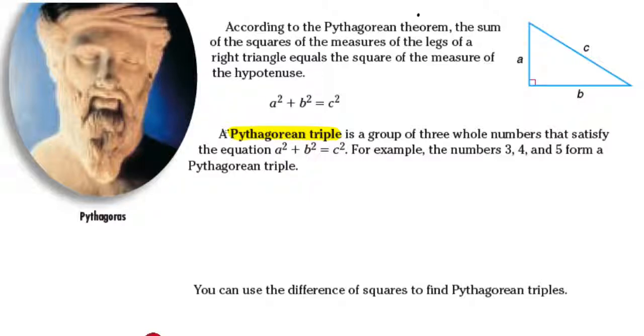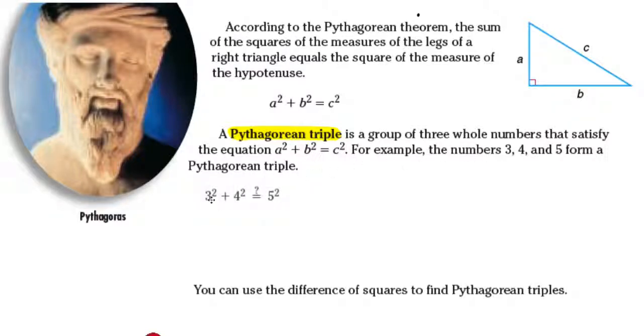And then we move on to Pythagorean triple. Basing it on the Pythagorean theorem, a Pythagorean triple is a group of three whole numbers that satisfy the equation a squared plus b squared equals c squared. For example, the numbers 3, 4, and 5 form a Pythagorean triple. Why?